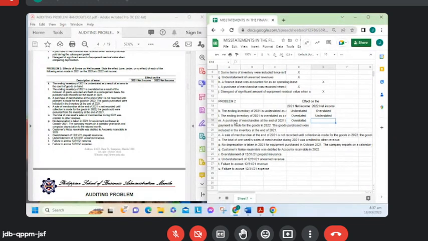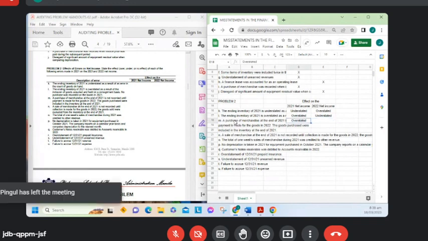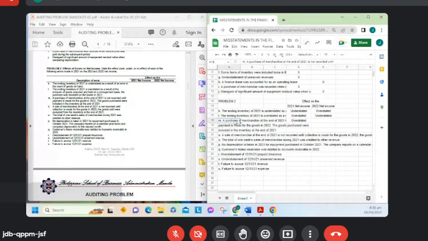In 2022, since the purchases is understated in 2021, that will also affect the 2022 cost of sales, because it was recorded pala, no?